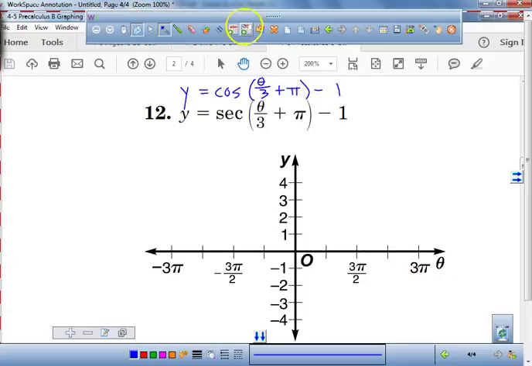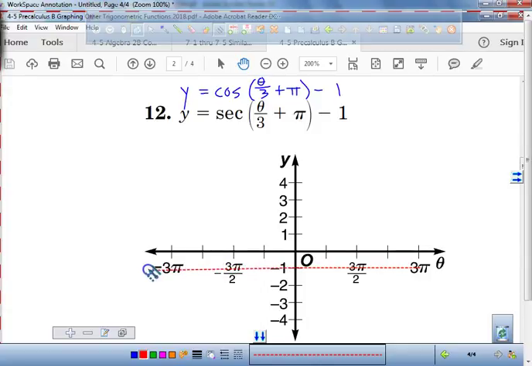And the very first thing I would like you to do is draw in the midline right here at this negative 1. This is what I'm going to be looking for on your graph. Did you graph the midline? Did you graph the cosine of theta graph first?